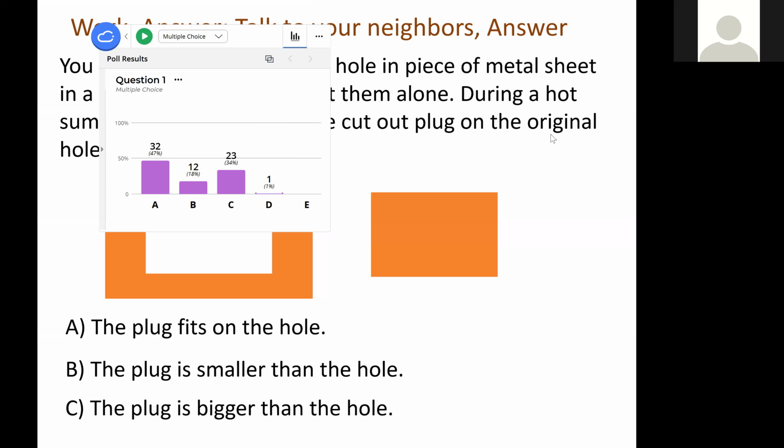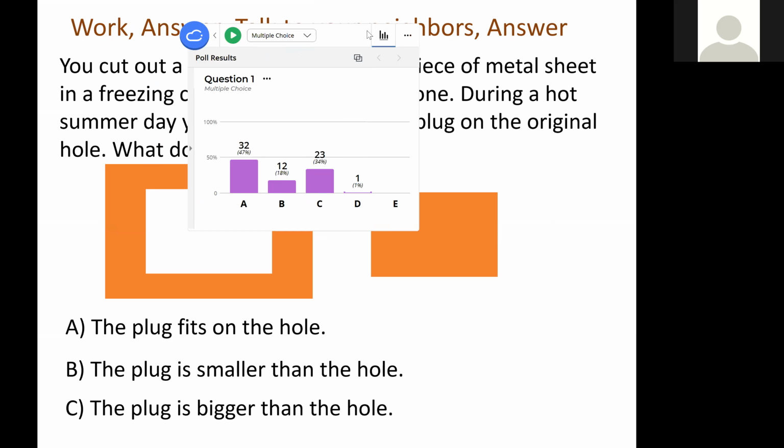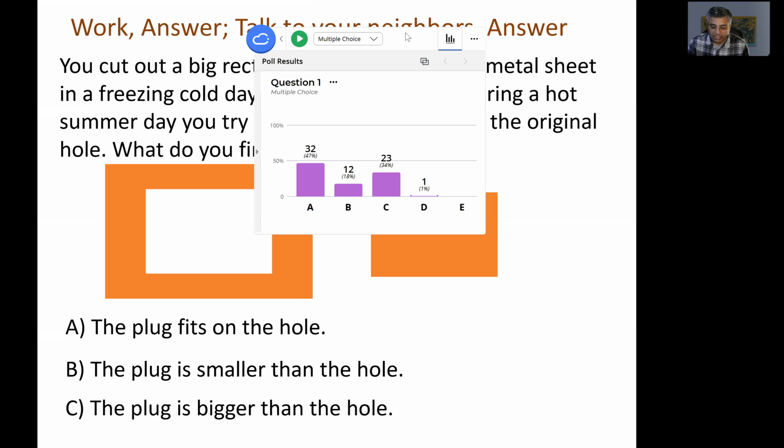I thought it was A because both of the squares are made out of the same sheet metal, so they would expand and contract at the same rate at the same temperature. That makes sense. So Robert, want to say something there? Sure. I think that I disagree.